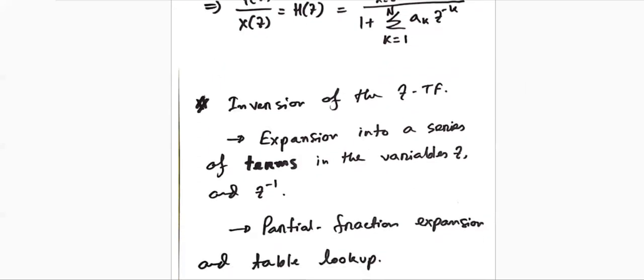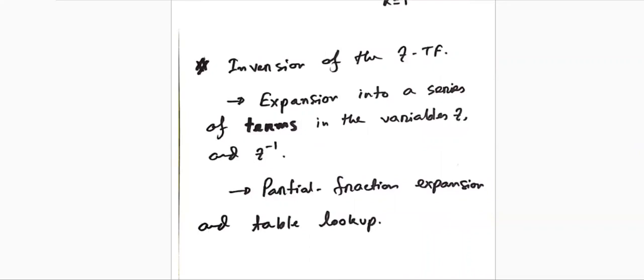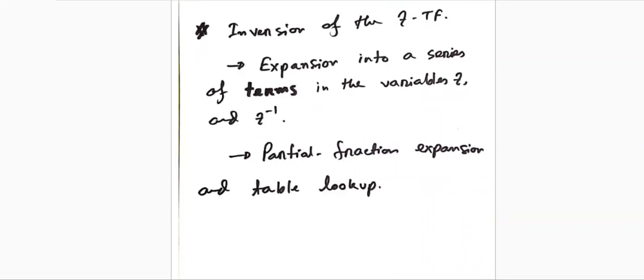Now we can move to the inverse of the Z transform. There are different ways you can do the inverse Z transform. One of the methods is the expansion into a series of terms in the variables z or z to the power minus 1.